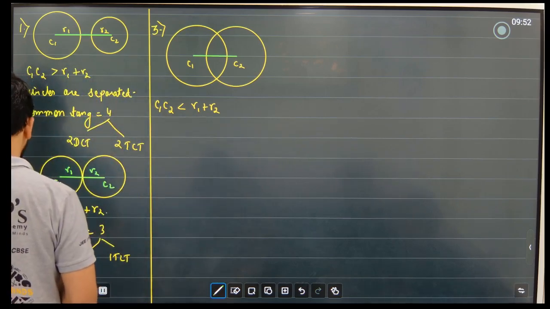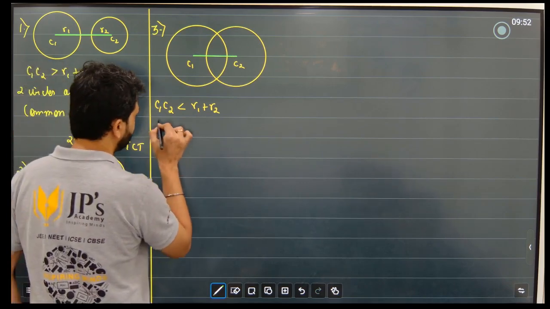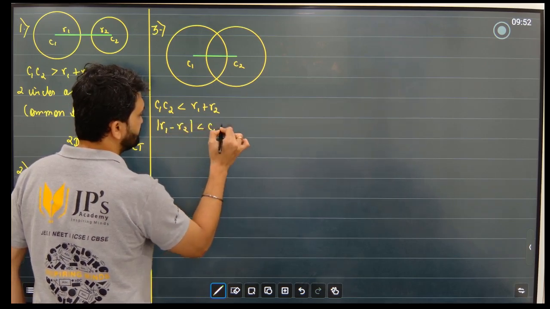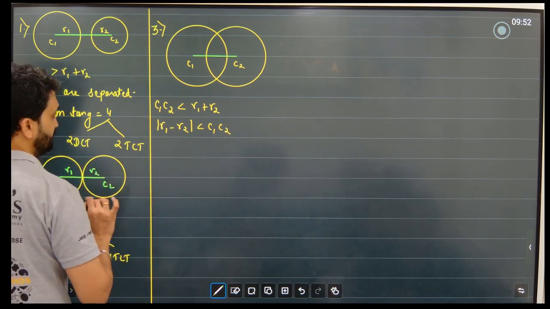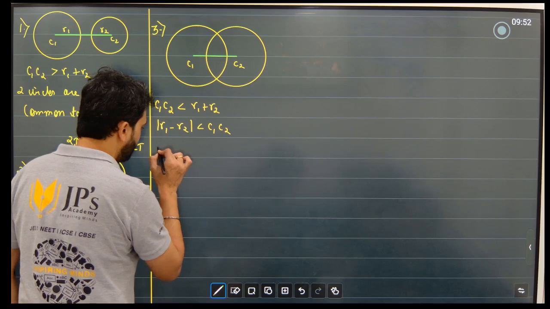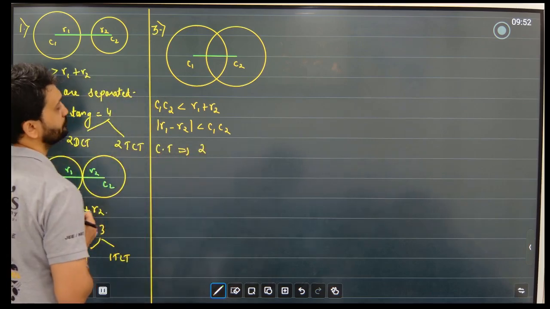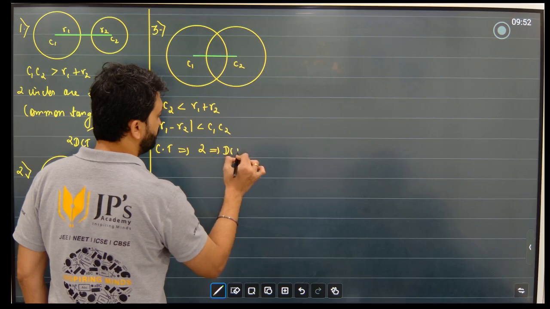Distance between the centers is less than the sum of the radii. Also just write it, R1 minus R2 is less than the distance C1 C2. Basically, I will have common tangents, which will be 2, and both will be direct common tangents.